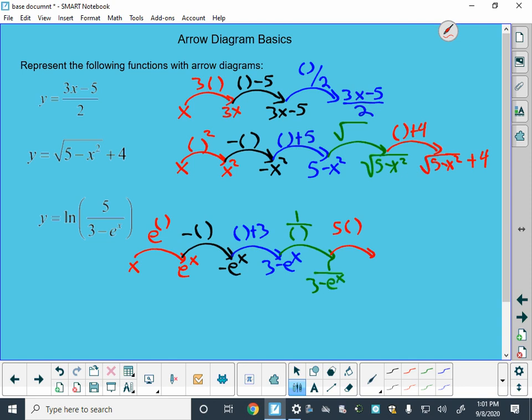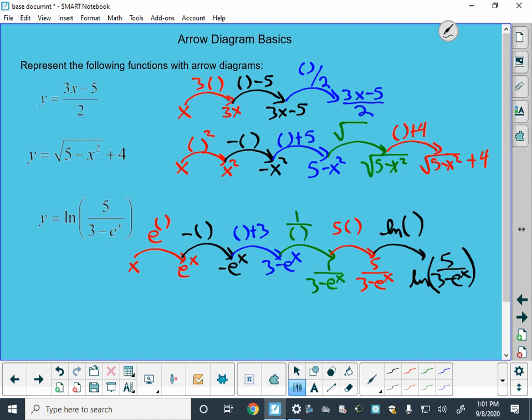And 5 times 1 over 3 minus e to the x is 5 over 3 minus e to the x. And then I take the natural log of the whole thing. And all of that then goes inside the natural log. I end up with a natural log of 5 over 3 minus e to the x.